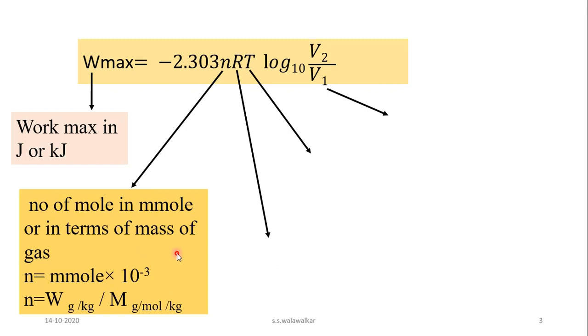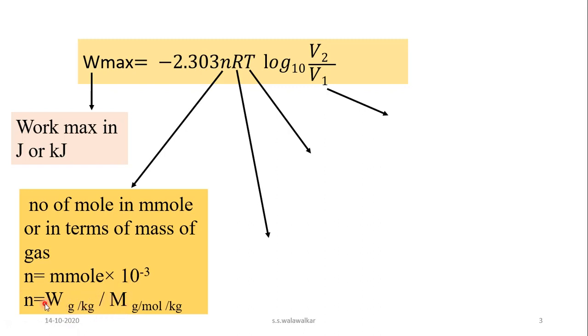And sometimes the number of moles is not directly given, but it is given in terms of mass of gas. Then you have to convert it into number of moles by using the formula W divided by M, where W means mass of gas and M means molar mass of gas.